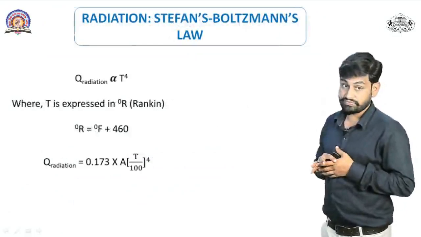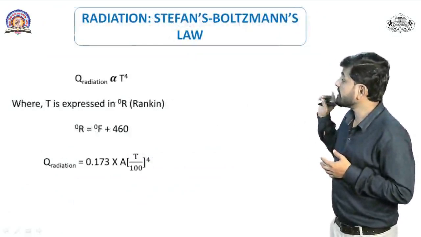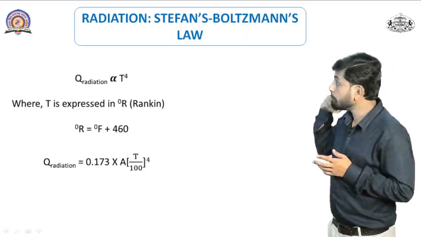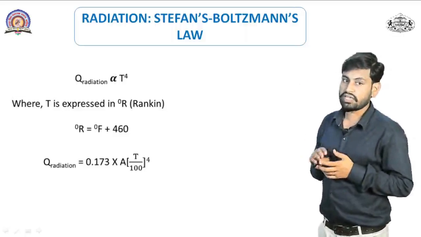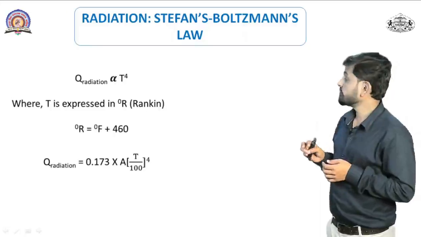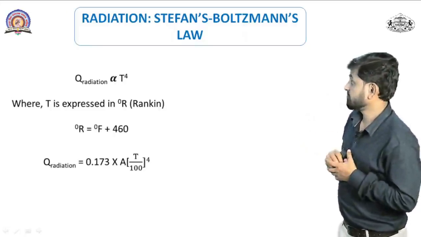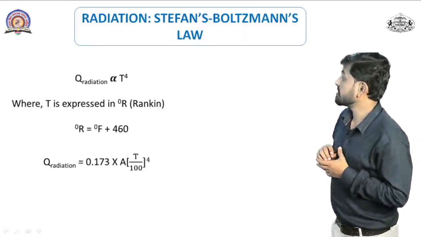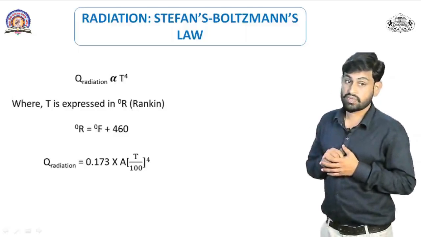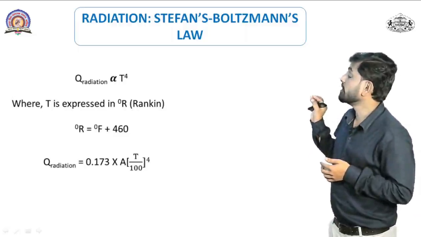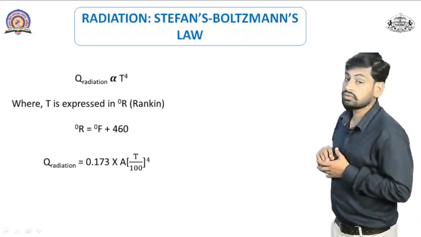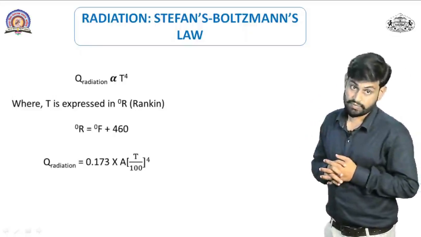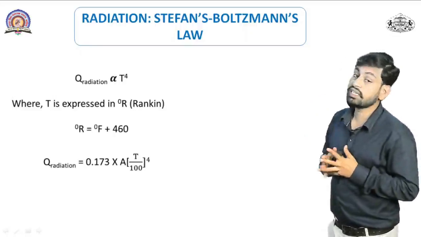Q radiation is directly proportional to T raised to 4, or absolute temperature raised to 4, where T is expressed in Rankine, that is degree R. Degree Rankine is equal to degree Fahrenheit plus 460.